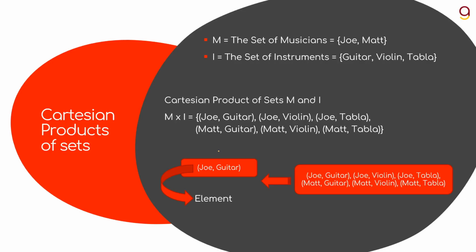Let's name the set as M cross I. So the set M cross I encloses 6 elements, and M cross I is the Cartesian product of sets M and I. Thus, M cross I is a set with (Joe, guitar) as its first element, (Joe, violin) as its second element, (Joe, tabla) as its third element, and so on.